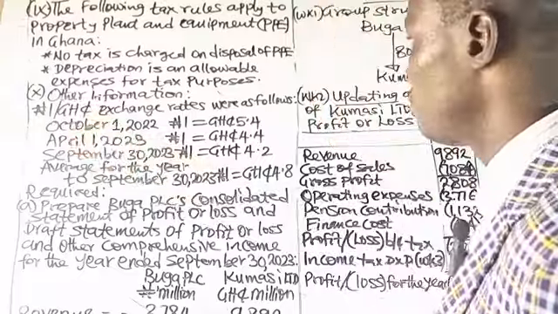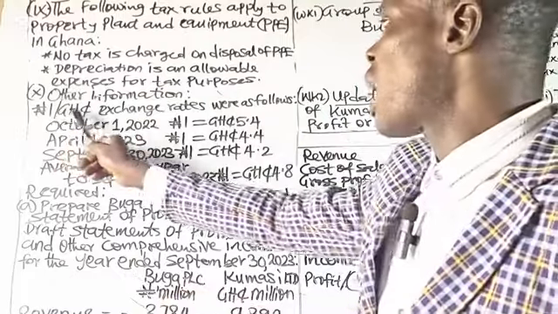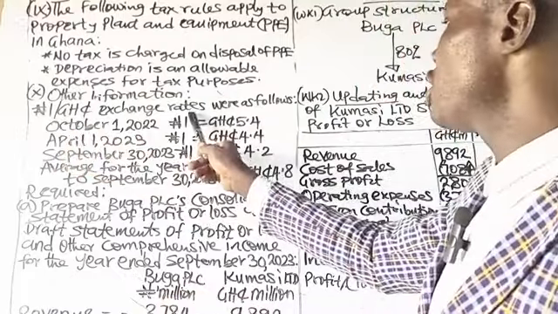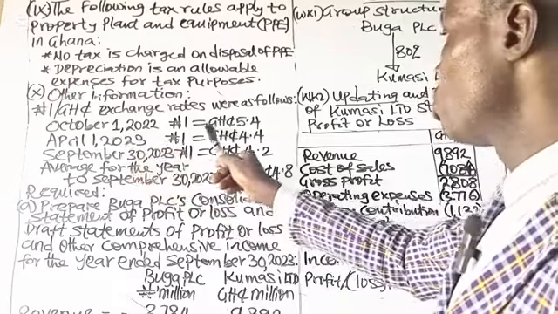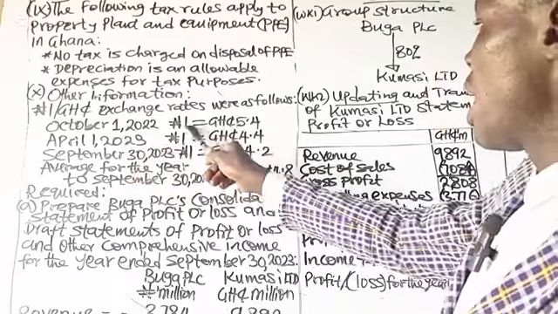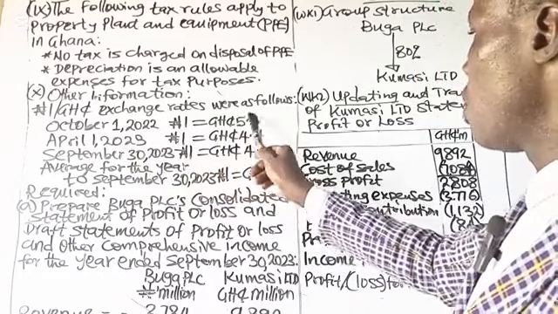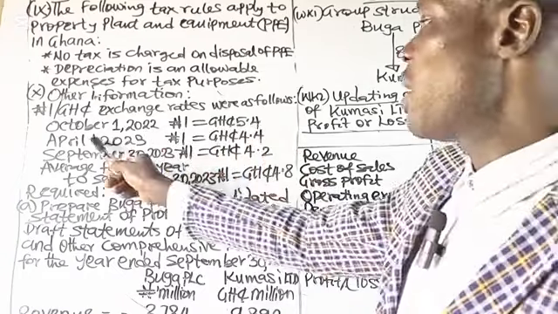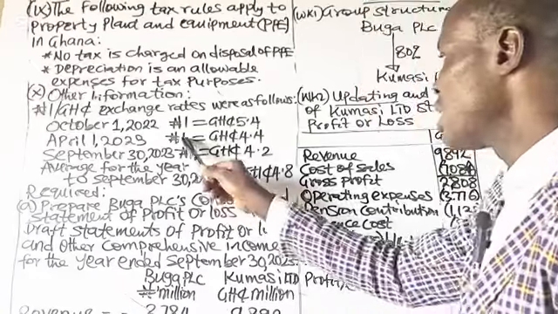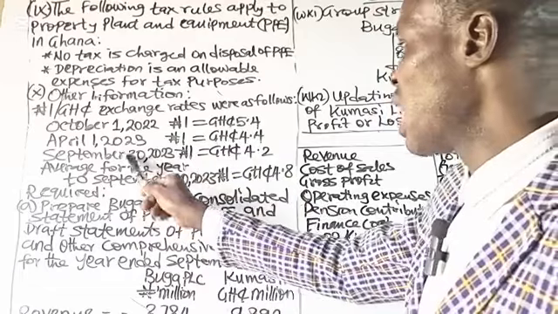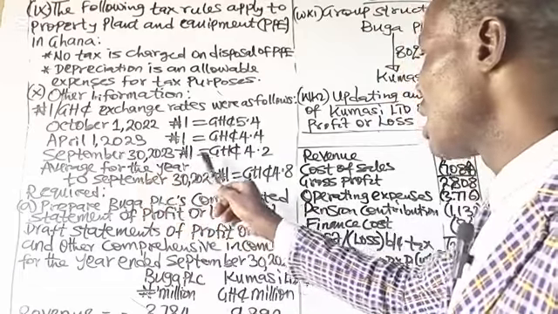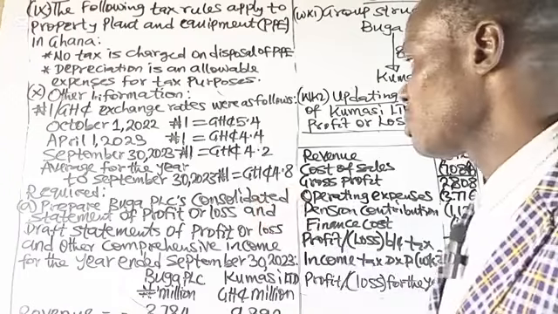Other information. 1 naira to Ghana cedis. Exchange rates were as follows. On October 1st, 2022, 1 naira is equivalent to 5.4 Ghana cedis. April 1st, 2023, 1 Nigerian naira is equal to 4.4 Ghana cedis. September 30, 2023, 1 Nigerian naira equals 4.2 Ghana cedis.